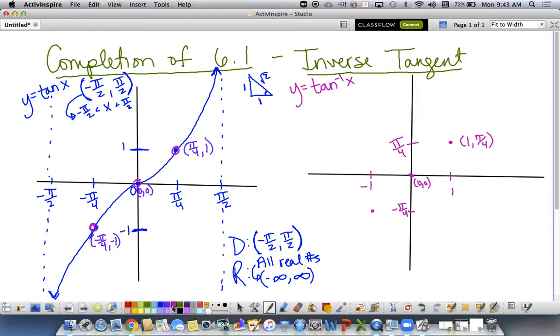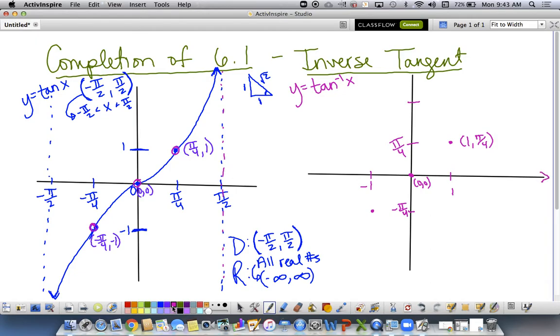Okay, now there's two more very important things on our tangent graph that we need to translate onto our inverse graph. Do you recognize something we haven't talked about? This asymptote there. So technically we're at pi over 2, infinity. So really we would go to infinity and pi over 2. So our infinity is going this way.